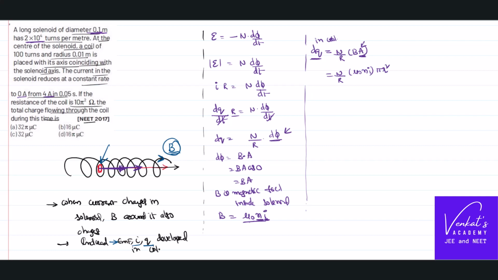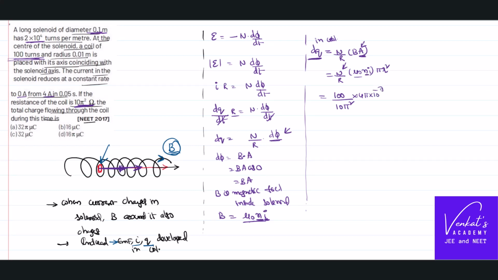Now everything is known, let us substitute the data. N is the number of turns in the coil, because we are calculating the charge of the coil. That is given as 100. The resistance of the coil is given in the problem as 10 pi square, and mu naught is 4 pi into 10 power minus 7.